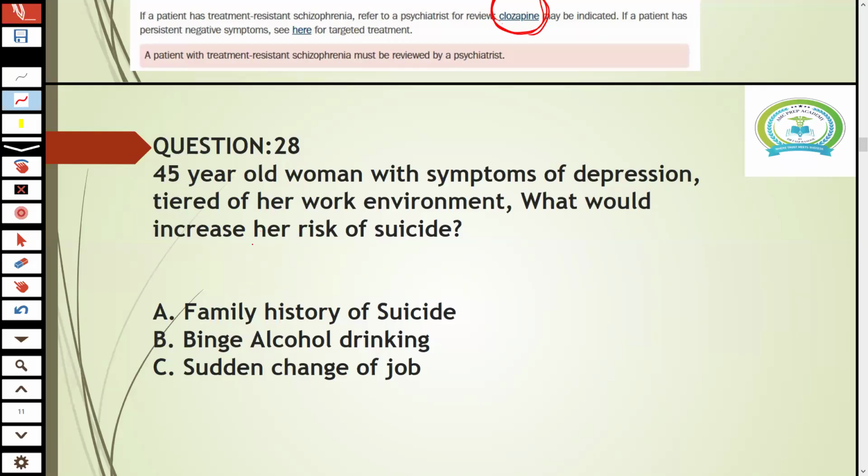Sometimes they give you family history, sometimes personal history. Sometimes in the scenario they give you a hint that the patient has certain intent to go for suicide. So you need to choose according to the weightage of that scale, that is, how many points are given for a respective variant in that scale.